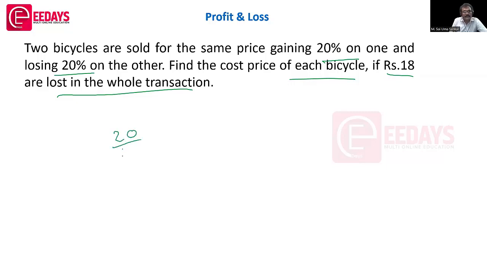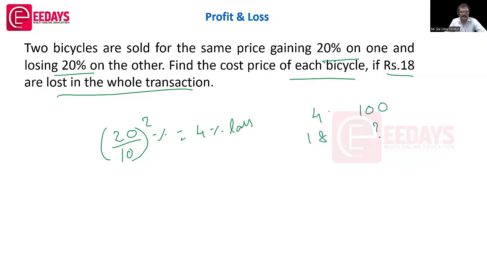(R/10) whole square, (20/10) whole square %. So that is equal to 4% loss. Here, overall if there is an 18 loss, what is the cost price? Look here, if 4% loss then cost price 100; if 18 loss, what is the cost price? So into 25, into 25, into 25. That is equal to 16, that is 400, 450. That is the answer.